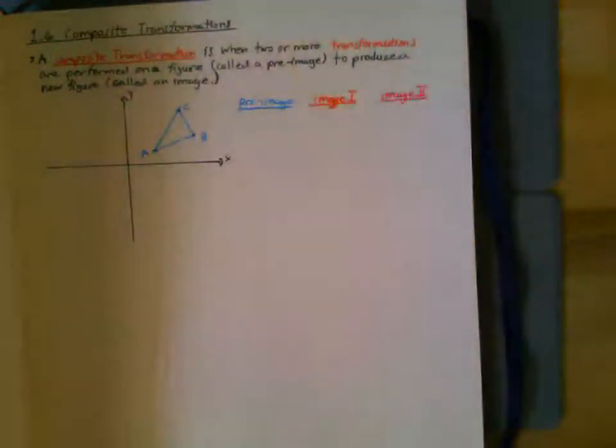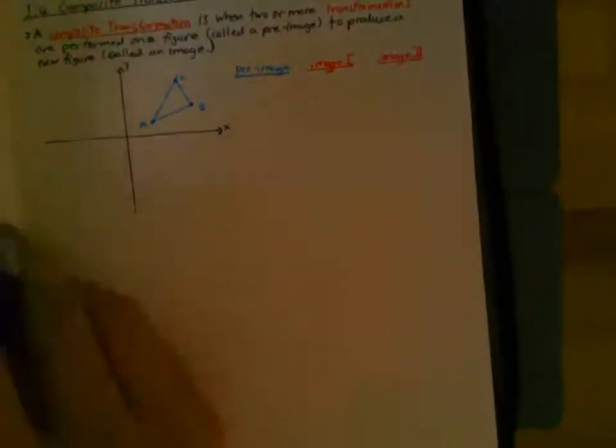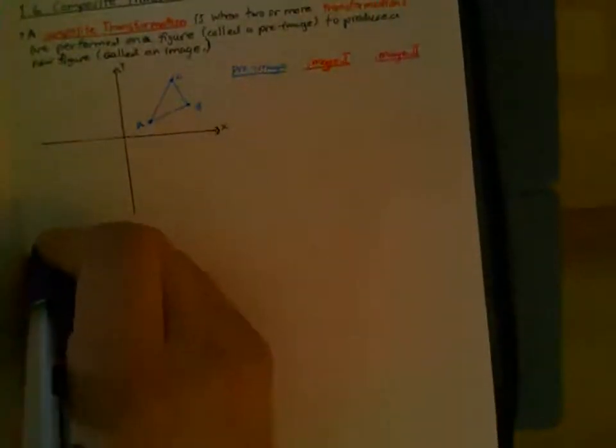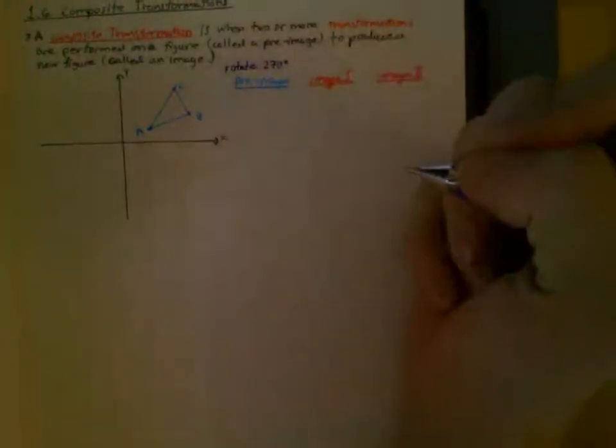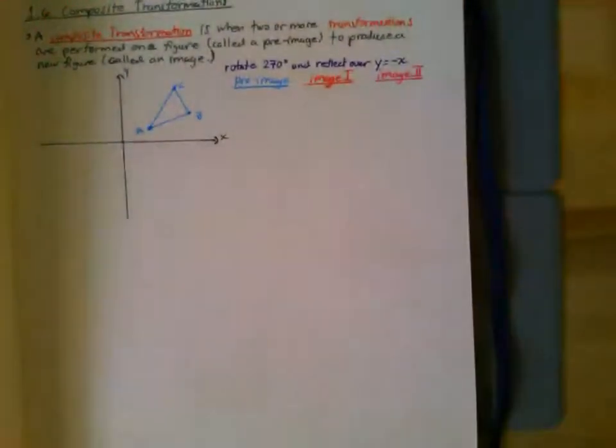The rule for this one, or at least what it's asking for, is we are going to rotate 270 degrees, and I'm not stating otherwise, so this is counterclockwise, and reflect over y equals negative x.